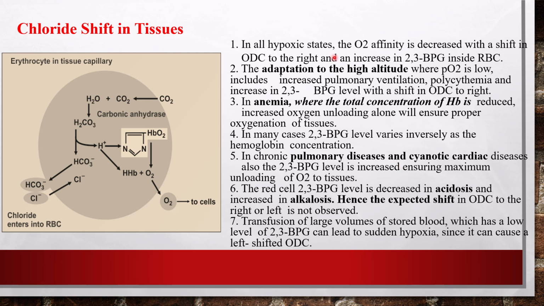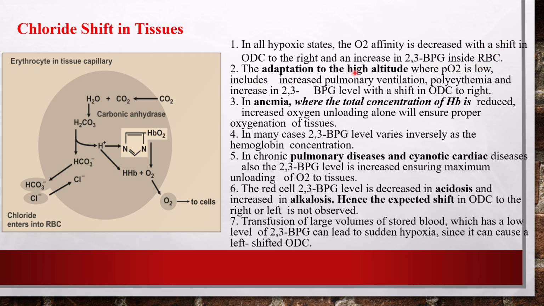So in all hypoxic states, the oxygen affinity is decreased with a shift in the oxygen dissociation curve to the right and an increase in the 2,3 BPG inside the RBCs. While discussing glycolysis, I had a comprehensive discussion on this 2,3 bisphosphoglycerate in the shunt pathway.